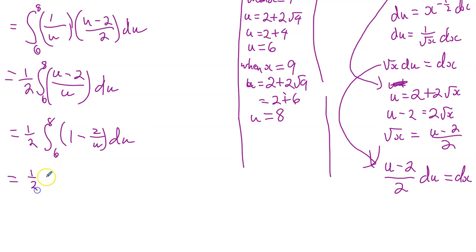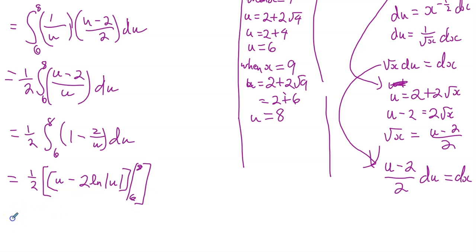So we got 1/2, and that integral is going to be u minus 2 ln absolute value of u evaluated from 6 to 8.